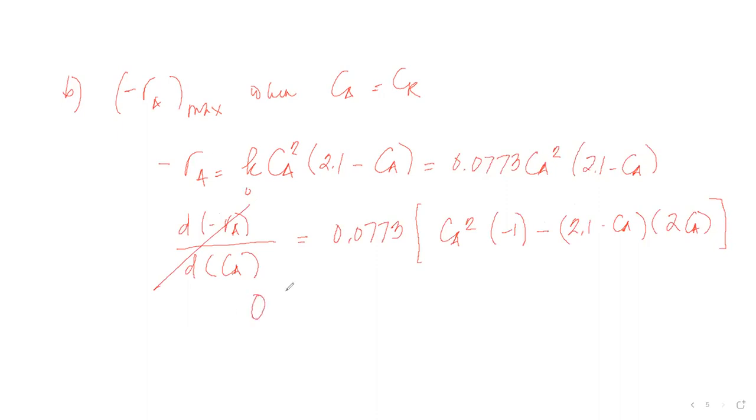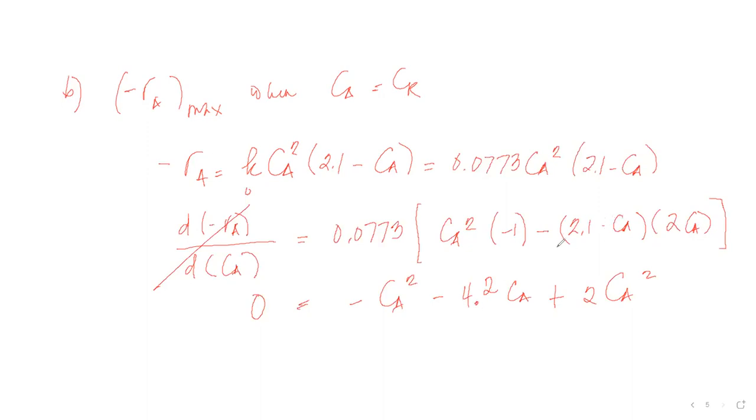So you have 0 being equal to negative C sub A squared minus, if we distribute, 4.2 C sub A plus 2 C sub A squared. This is 4.2, right, minus.